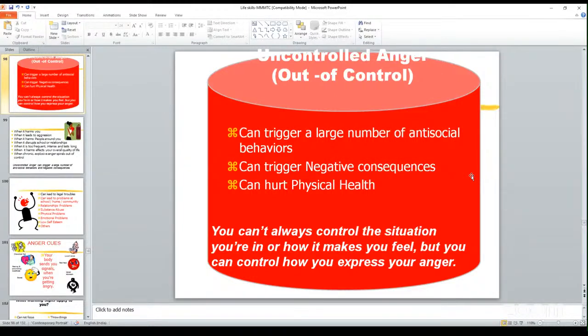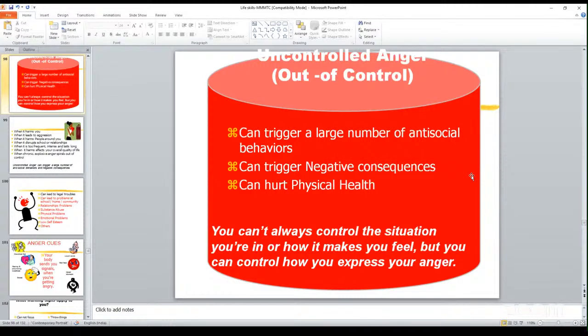It is said that you can't always control the situation you are in or how it makes you feel, but you can control how you express your anger. You cannot control the situation, but you can control your expression. So the control is with you.